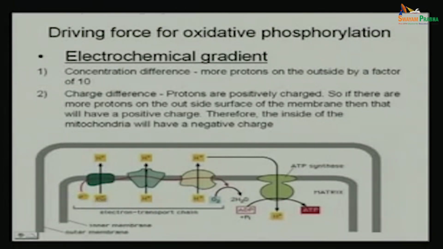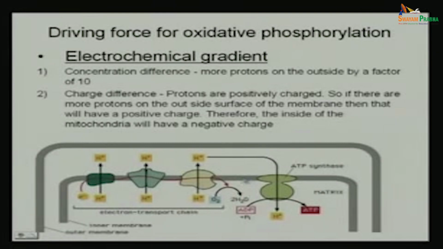Protons are getting pumped out from inside the matrix to the outside. This is complex 1, complex 2, complex 3. Electrons are being transferred and oxygen is reduced to a water molecule. These protons are being pumped out of the inner mitochondrial membrane to the intermembrane space.